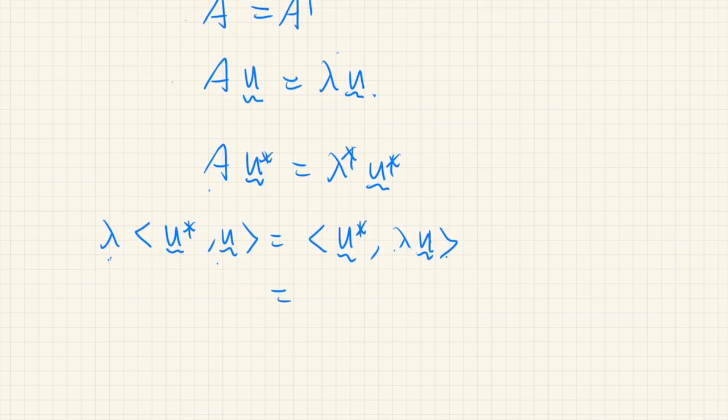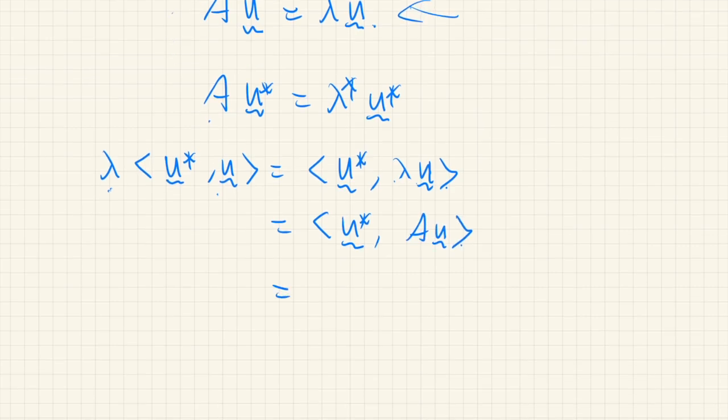And since lambda is an eigenvalue of A, we have this equation: u star times A u. Now, from what we have proved before, the place of A can be switched to the first component of the product.